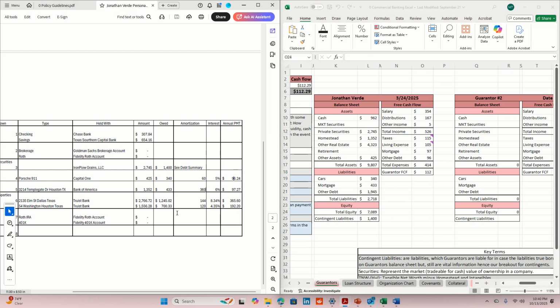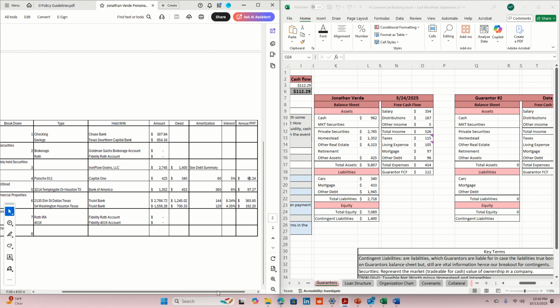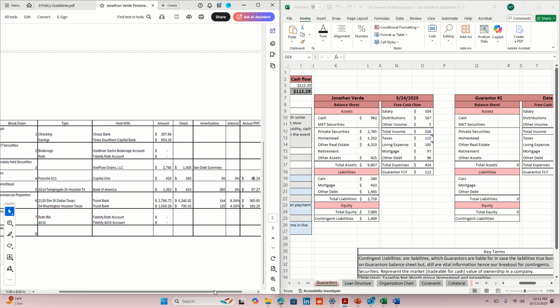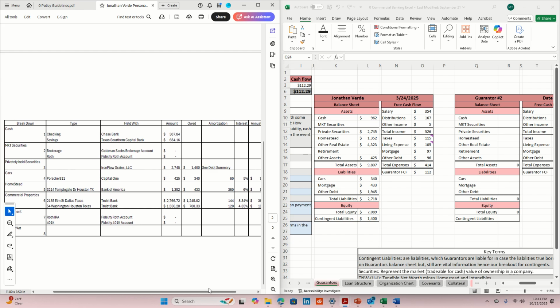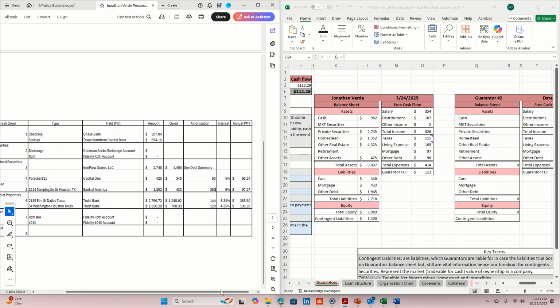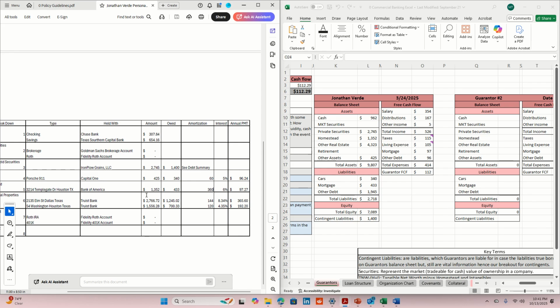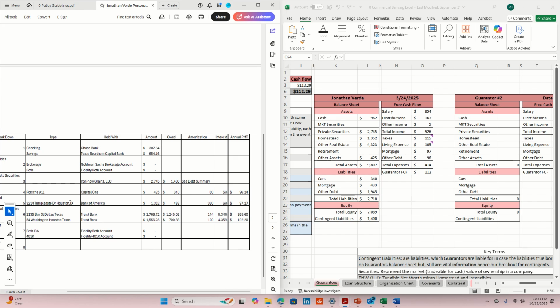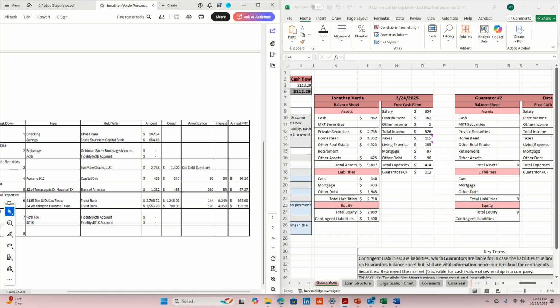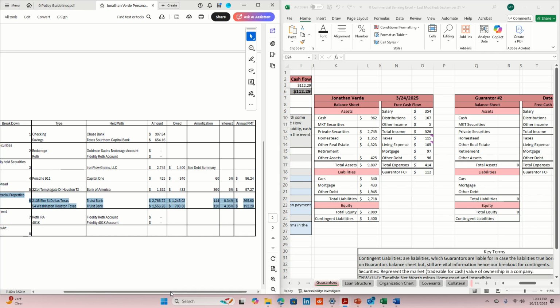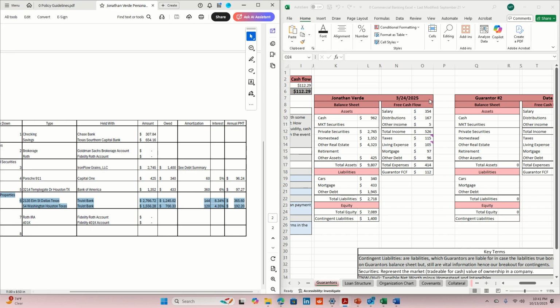Okay, now for here, the reason why we're not going to take out the commercial properties is because these properties are income producing, and they did not recognize that as income here.